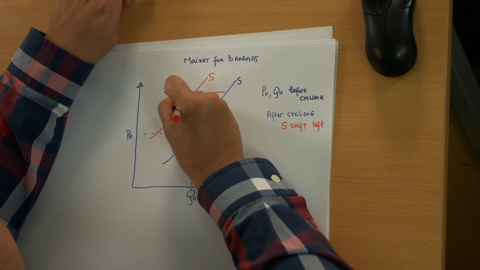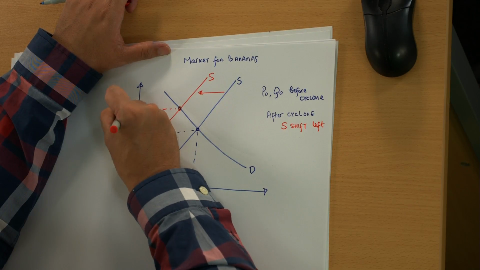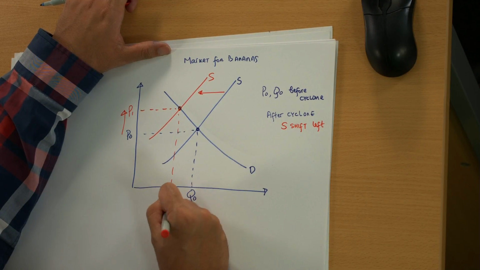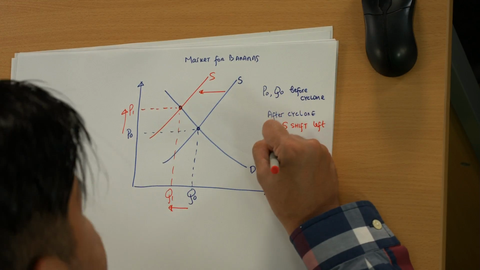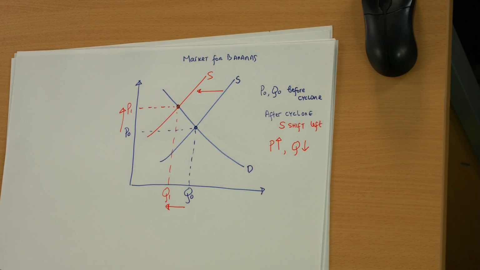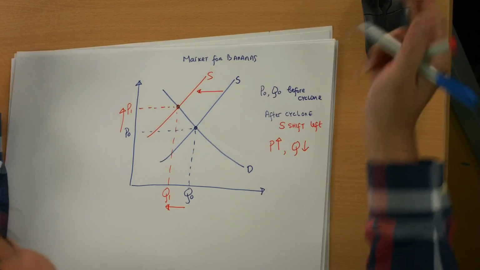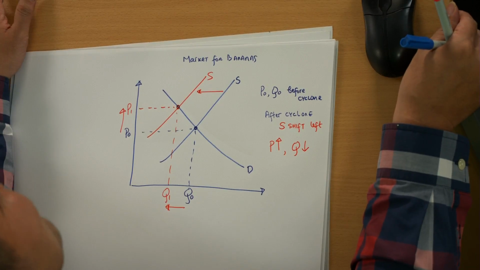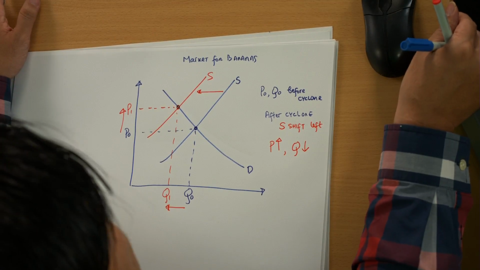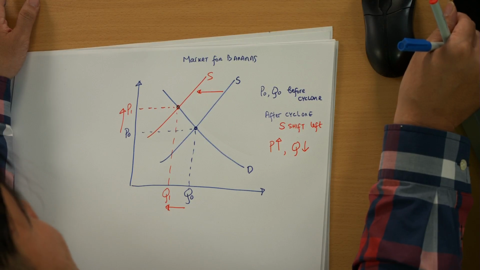So we are going to end up at a new equilibrium price. Higher price. Quantity has fallen. Price goes up. Quantity goes down. Yes. If you understand what I just did, guys, you're okay. You've pretty much captured this topic of demand and supply pretty well, guys.